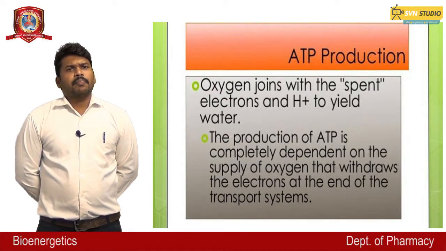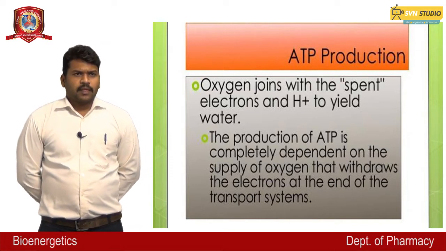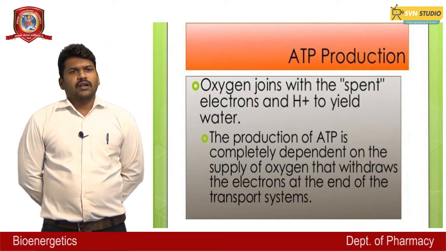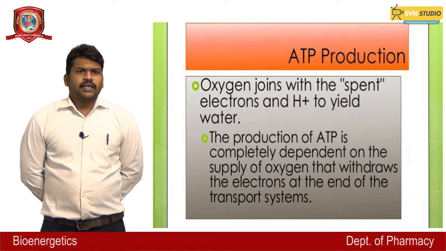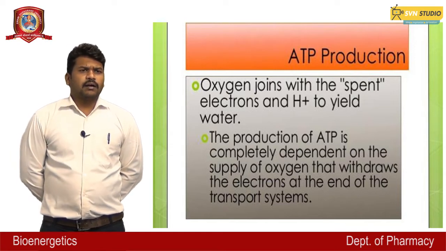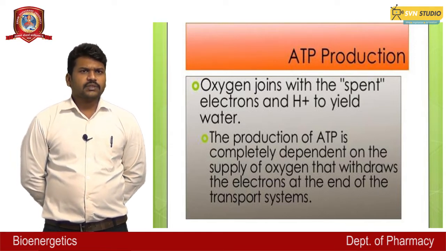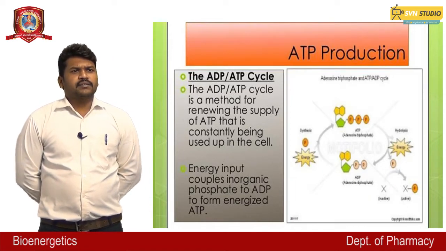Oxygen joins with the spent electrons and H plus to yield water. The production of ATP is completely dependent on the supply of oxygen that withdraws the electrons at the end of the transport system.